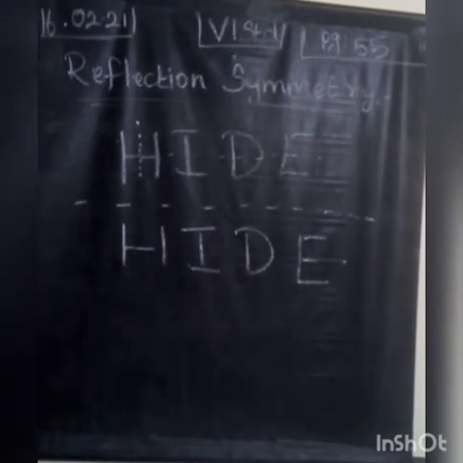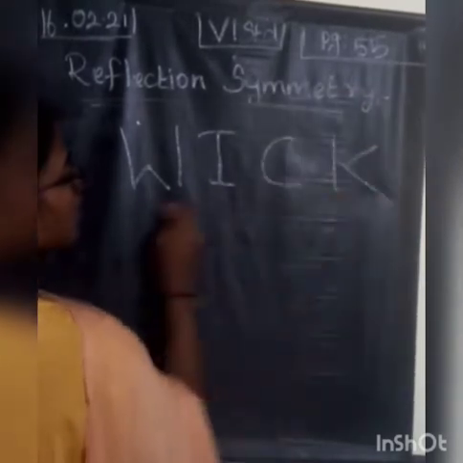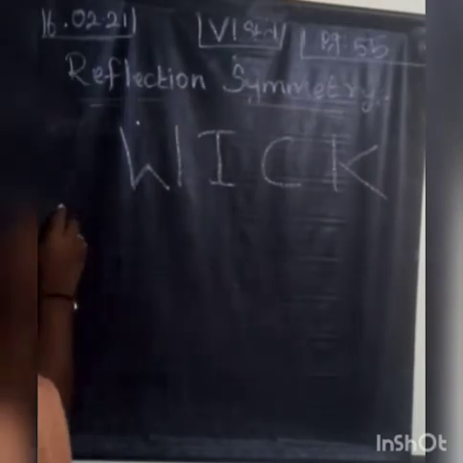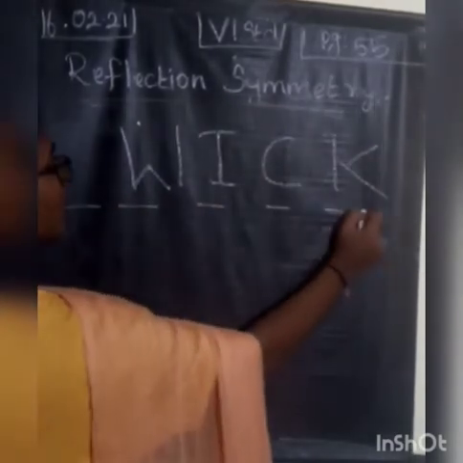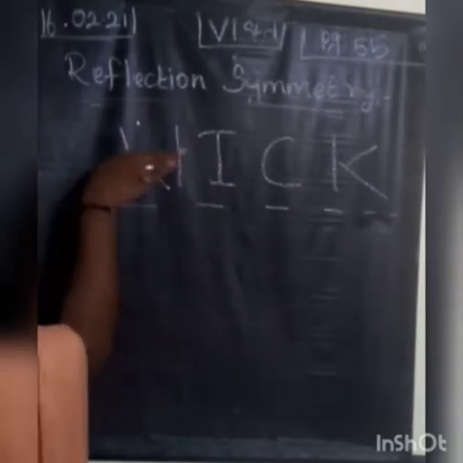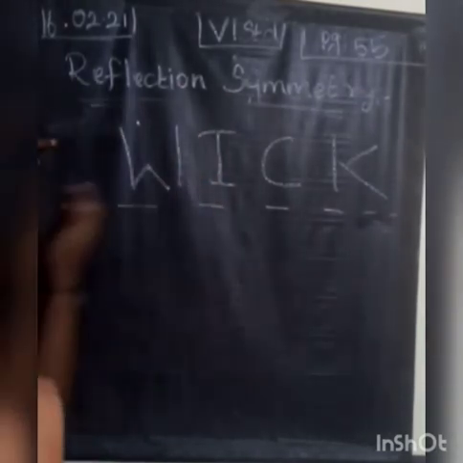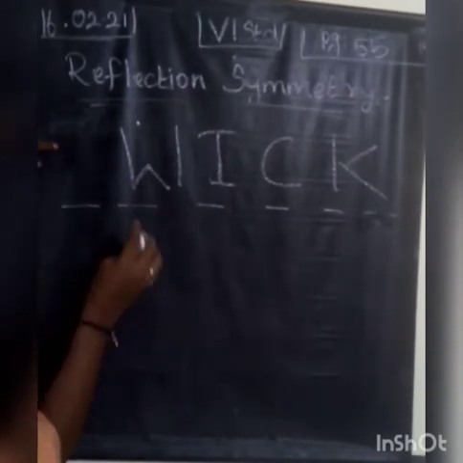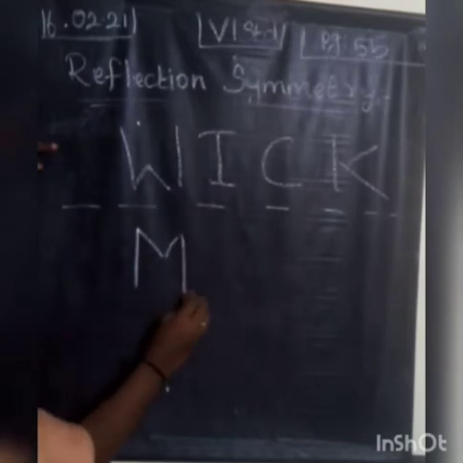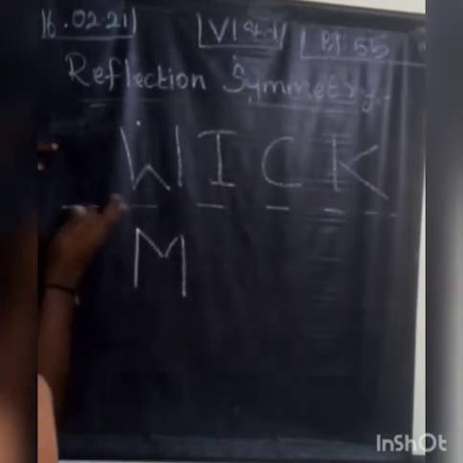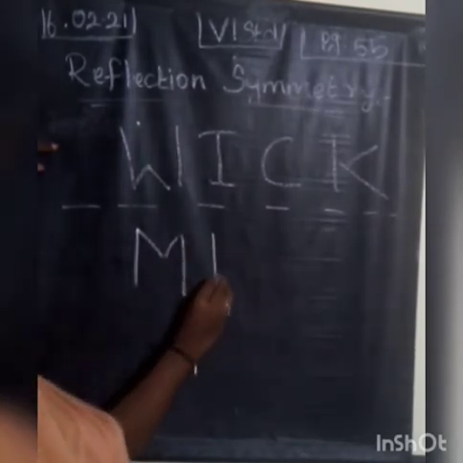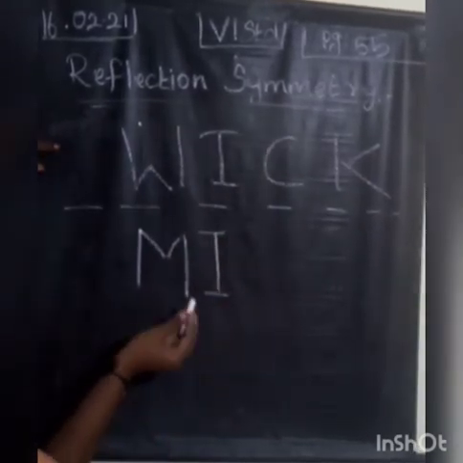Taking another example, the word WICK. If I place the mirror here, the W is reflected and we get the reflection of W like this.